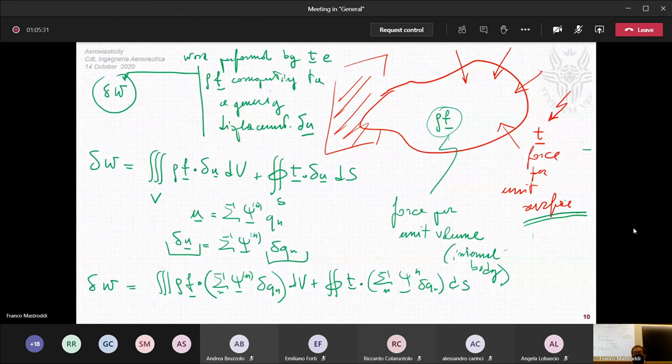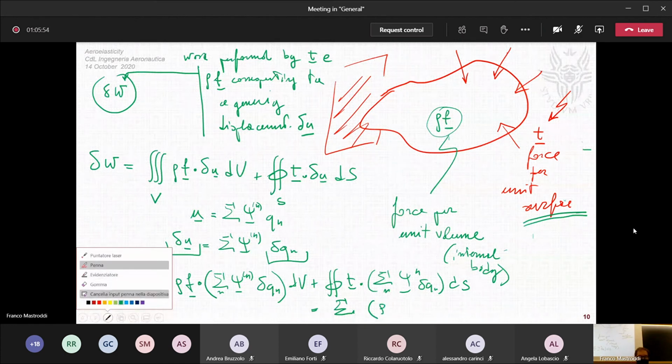Again, the delta q quantities are not dependent on time, and therefore you can write this work like the summation of quantities like rho, let me write this better.